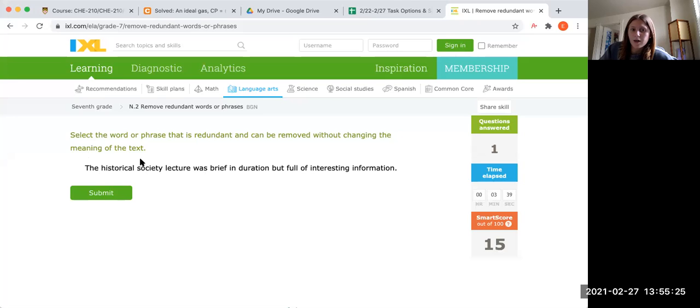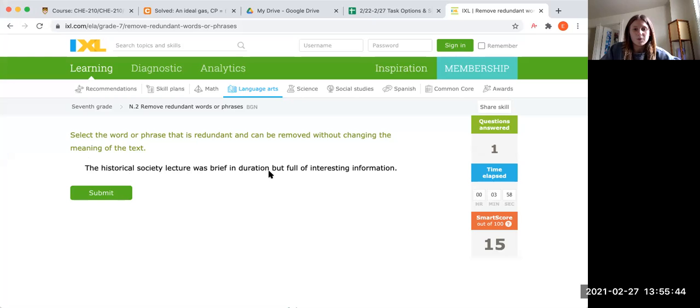This one I found a little bit more difficult, just because it's sort of subtle and it's probably a mistake that I would make as well. But let's take a look at this first half of the sentence: the Historical Society lecture was brief in duration.